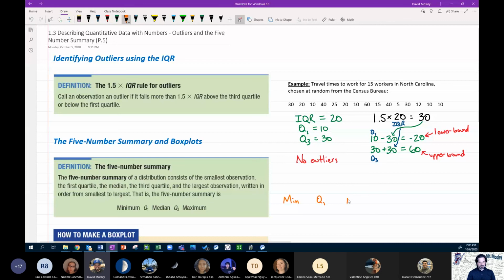In our example, the minimum is 5, Q1 is 10, median is 20. Q3 is 30, and the maximum is 60. All right, here's our 5-number summary. Hooray.